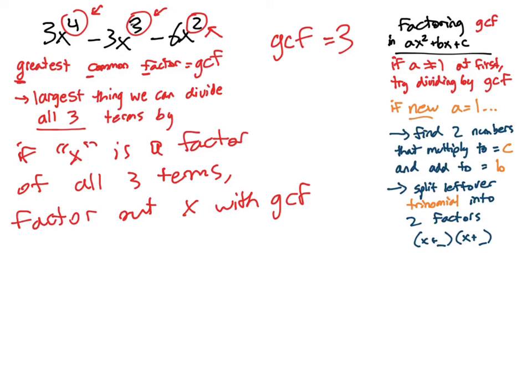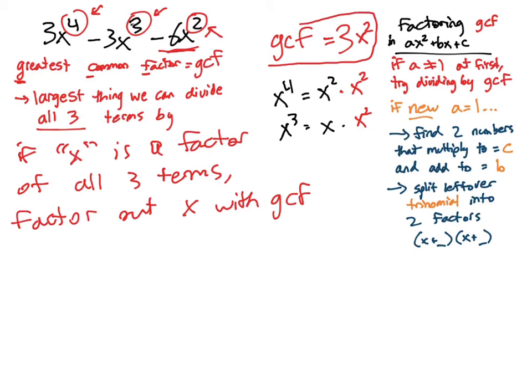We can think of x to the power of 4 as x squared times another x squared, and we can think of x to the power of 3 as x times another x squared. So that x squared that we have in our last term is something that we could divide those other two bigger terms by. That means that our greatest common factor is not just 3, but 3x squared.